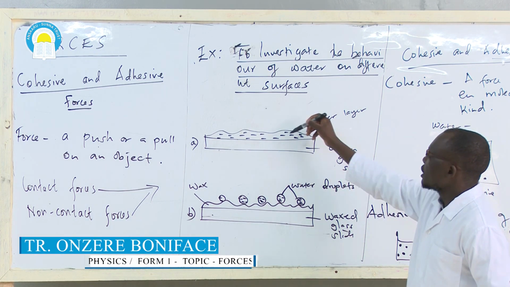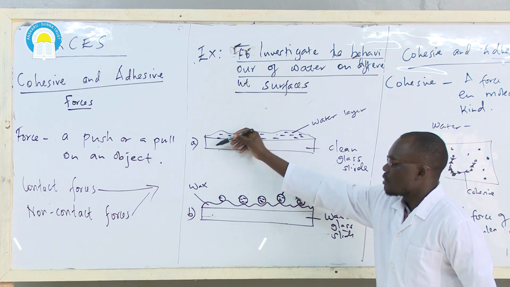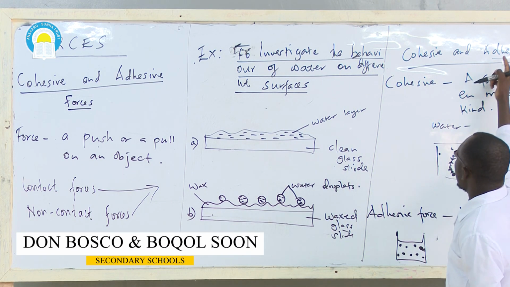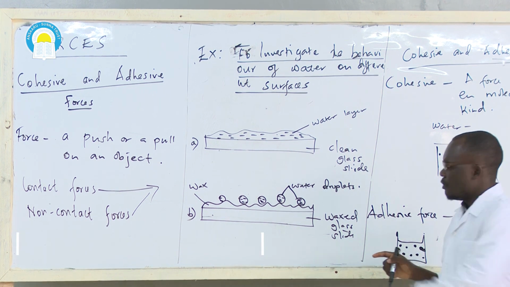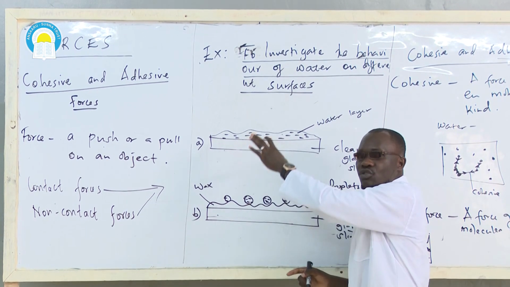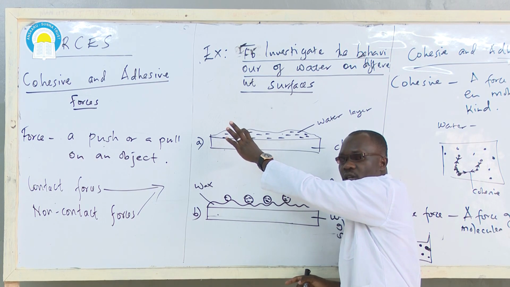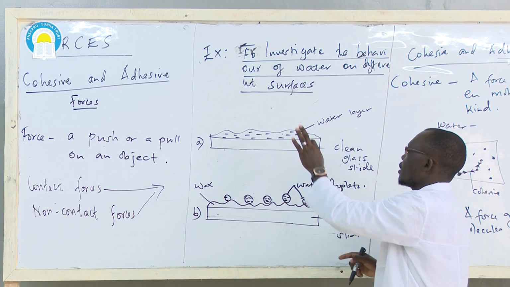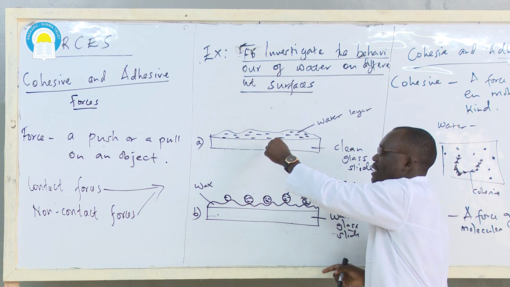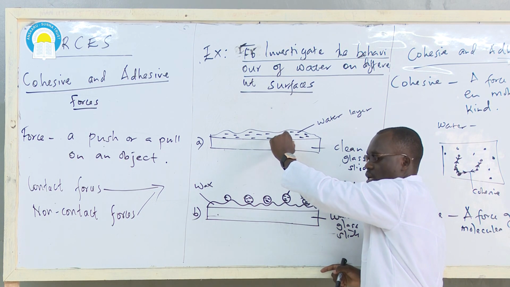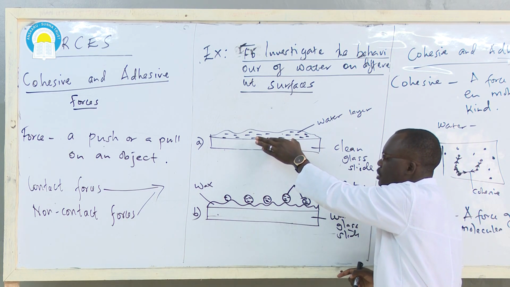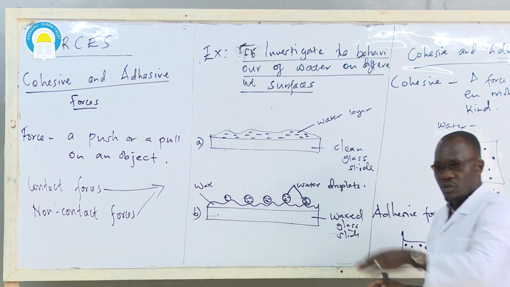So molecules of water are being attracted to the molecules of the glass by a strong force, and this force is adhesive force. So in the first case, the adhesive force between the glass molecules and the water molecules is stronger compared to the cohesive forces between the water molecules.